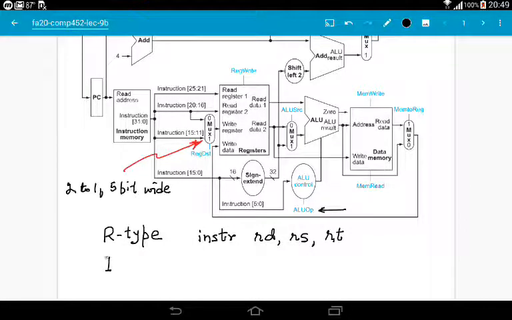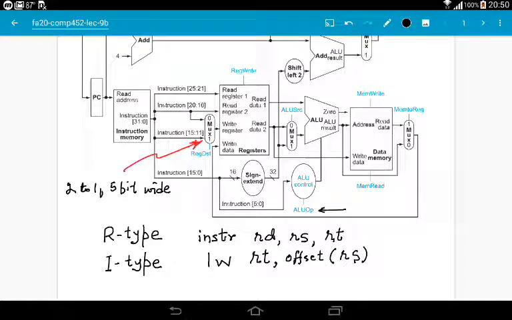But for I-type instructions, and I am now talking about the load word instruction, the destination register is RT, and we have the offset and then RS.